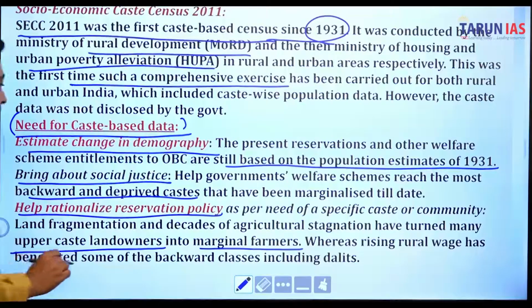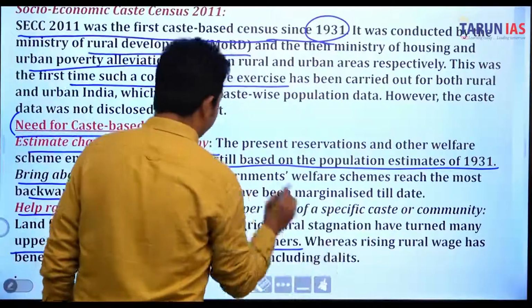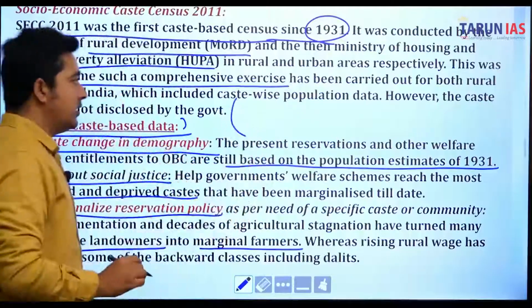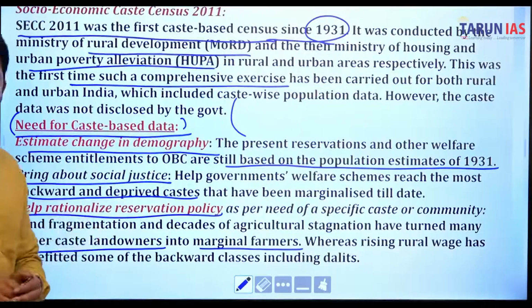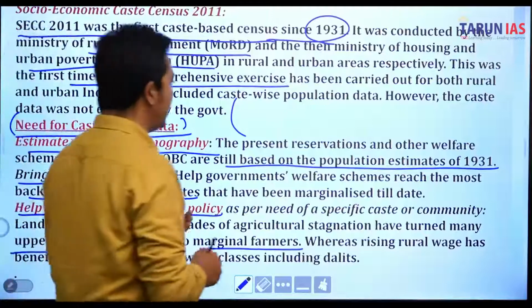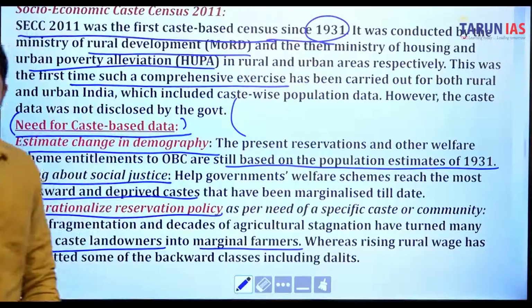whereas rising rural wages have benefited some of the backward classes, including Dalits. So if we are talking about the right to equality, which is enumerated in Article 15(1), we must think about where the right to equality is. If there is no justice, there is no equality.